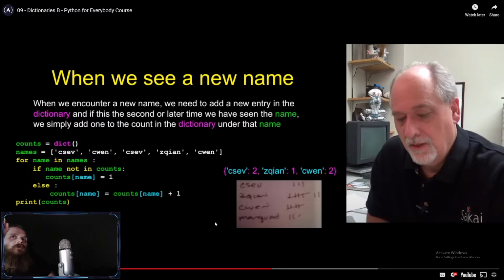So there's at least one. Otherwise, else, counts name equals counts name plus one. Print counts.